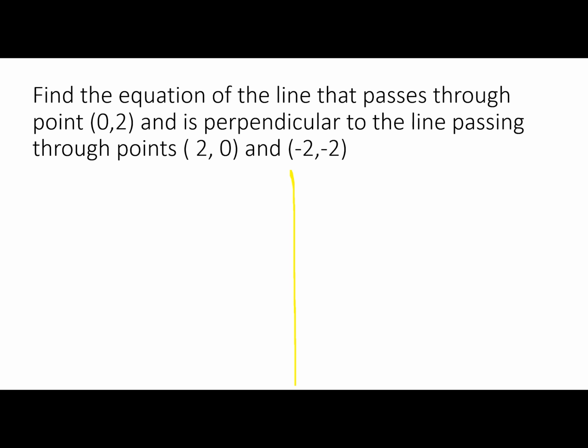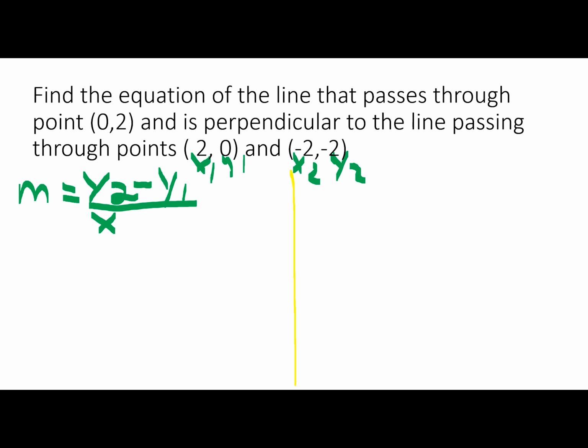To find the slope, this is our x1, y1, x2, y2. So we plug it into the slope formula, which is rise over run, change in y over change in x, y2 minus y1 over x2 minus x1.